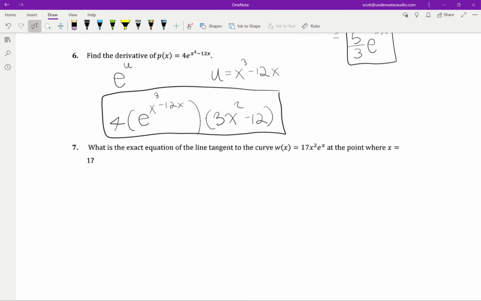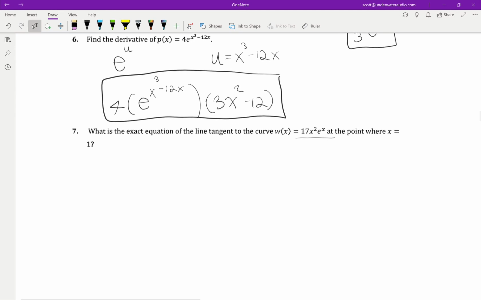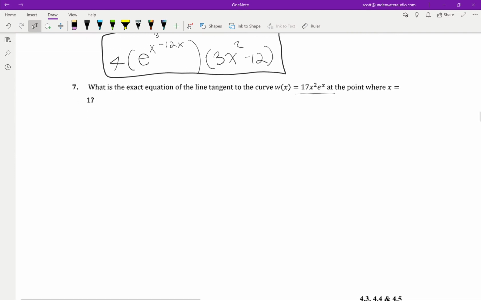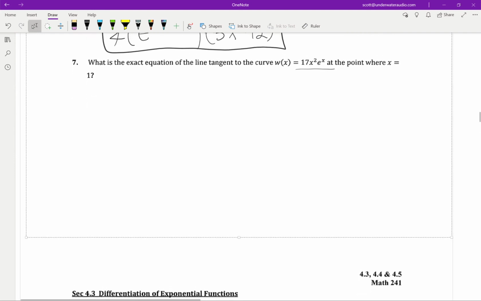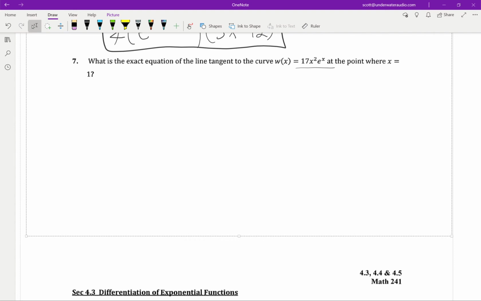All right, number 17. What is the exact equation of the line tangent to the curve at the point where x equals 1? Okay, so this is a throwback to the beginning of class. I need the exact equation, so this word here means no decimals.